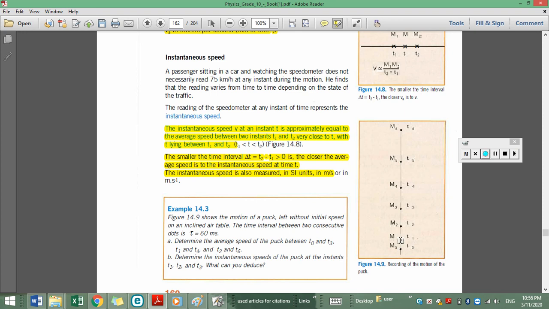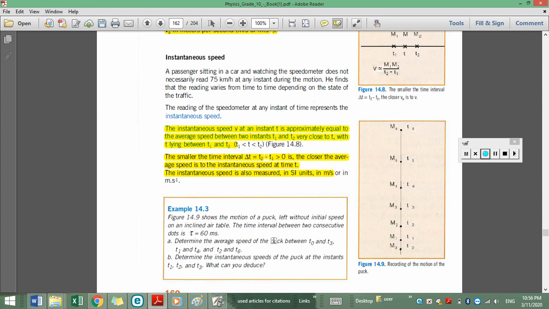After 60 milliseconds it reached position M1. After another 60 milliseconds M2, 60 milliseconds M3, and so on. So it's moving along this straight line, and M0 till M6 are the successive positions of this moving puck.